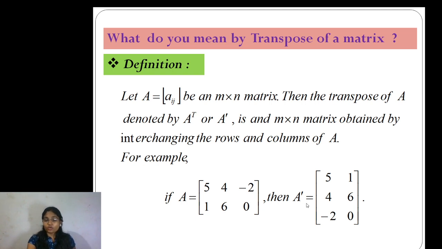Then A dash equals: the first row becomes the first column, 5 4 minus 2, and the second row becomes the second column, 1 6 0. This matrix is of order 3 by 2. This is the first row, 4 6 is the second row, and minus 2 0 is the third row.